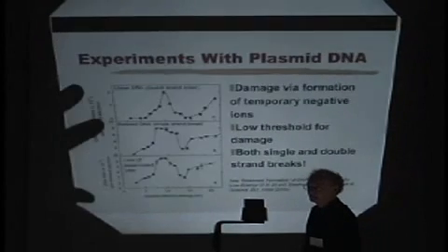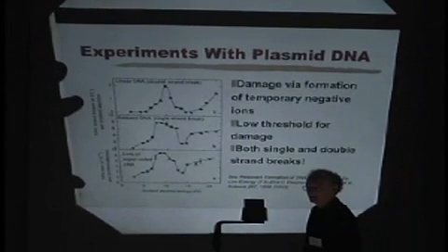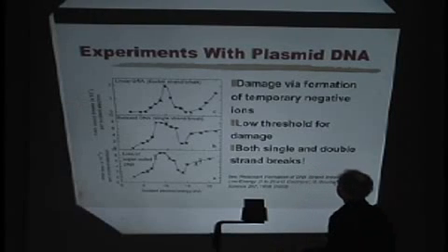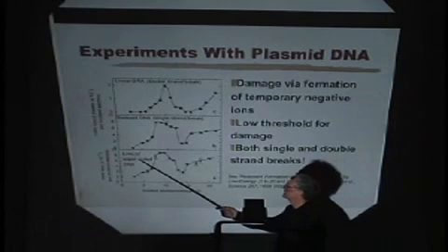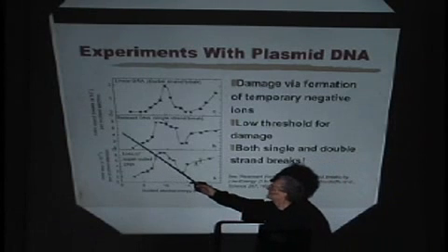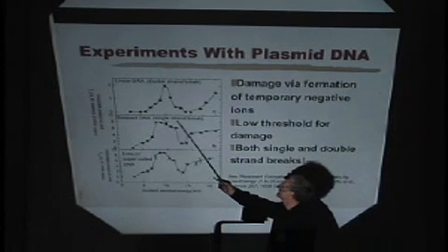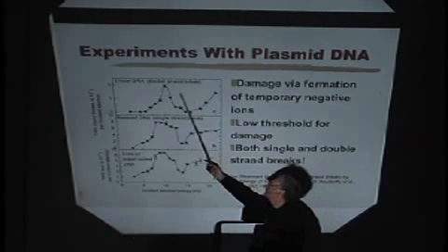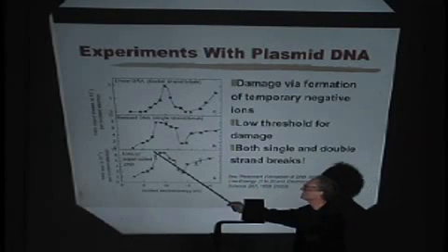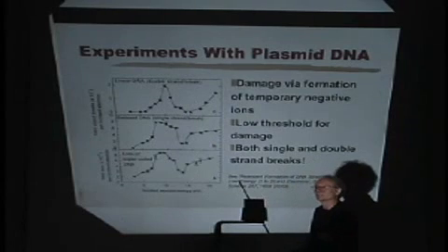And here is what we found. It was even more than I expected, actually. If you look at per 10,000 electrons the number of single-strand breaks and double-strand breaks in DNA, it shows this feature as a function of electron energy.